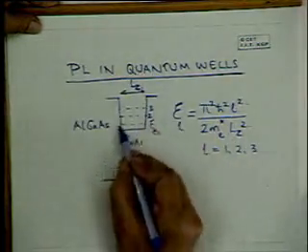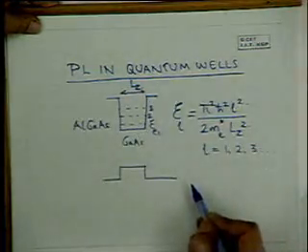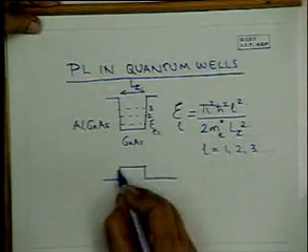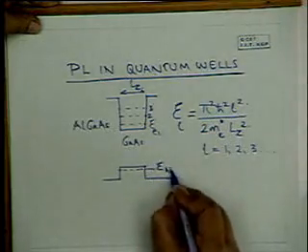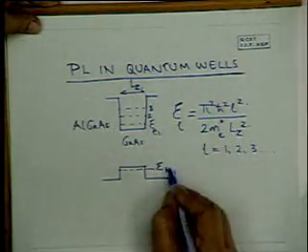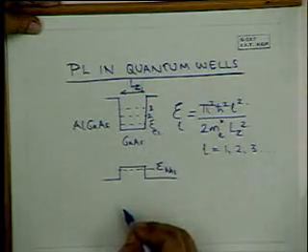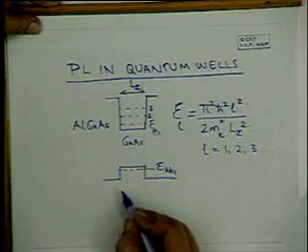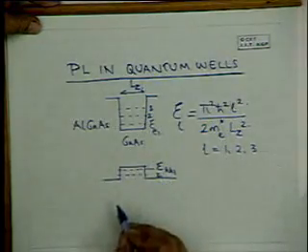So L_z plays a major role, as we'll see, in determining the spacing between these levels. Similarly, for holes in the valence band, the lowest level is E_HH1, because the hole effective mass for heavy holes is larger, so the energy here is smallest, and we have a series of levels E_HH1, HH2, etc.